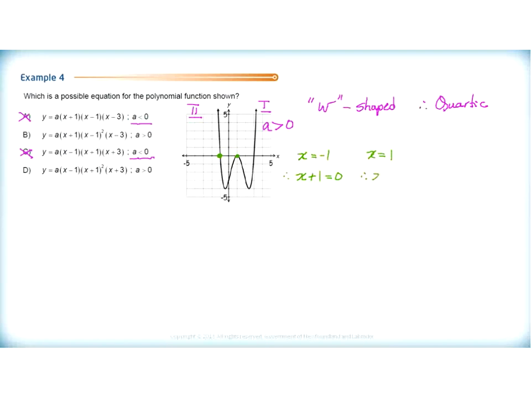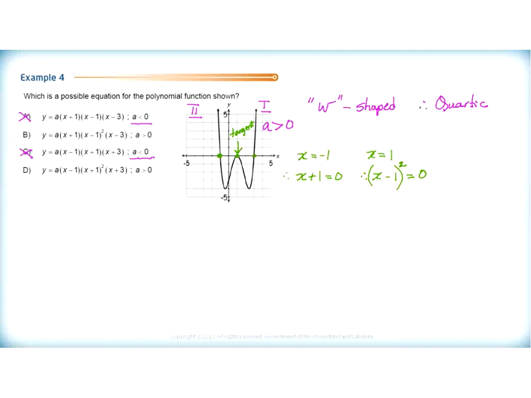Therefore, you would have x minus 1 equal to 0. However, the graph is tangent at that point, which tells us that this factor will have a multiplicity of 2. So that means x minus 1 will be raised to the power of 2. That factor will occur twice.